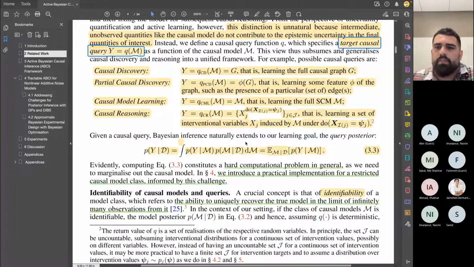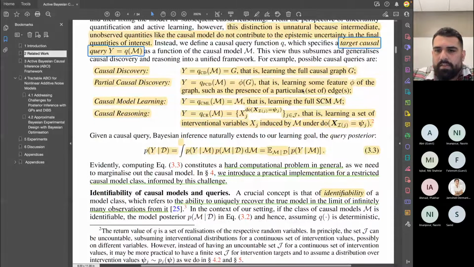Yeah, sure. I think here they want to learn a structural causal model, which I believe, I may be wrong, is more involved with learning the relationships between the nodes instead of, for example, the causal graph.